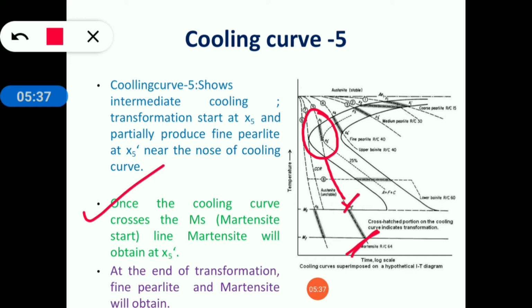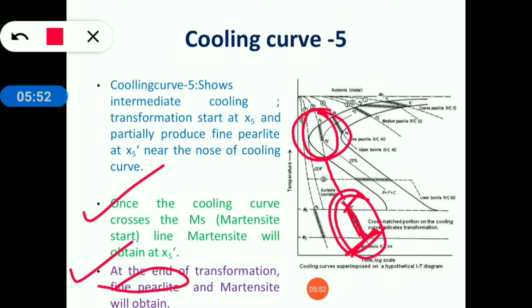So once the cooling curve crosses the Ms line, martensite will start and it will finish at the martensite finish line. So at the end of the transformation, fine pearlite as well as martensite will form.